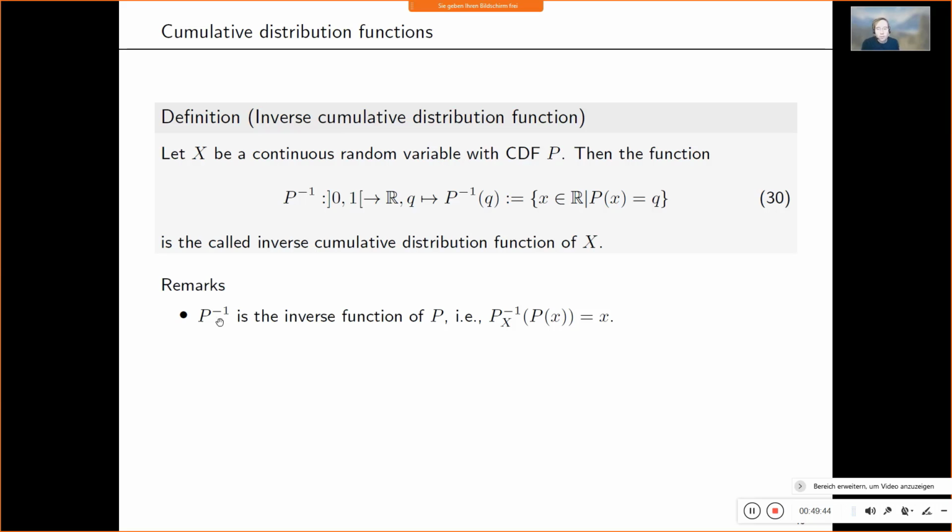Now P^-1 is the inverse function of P, so if you apply P^-1 to P(x), you again get x.